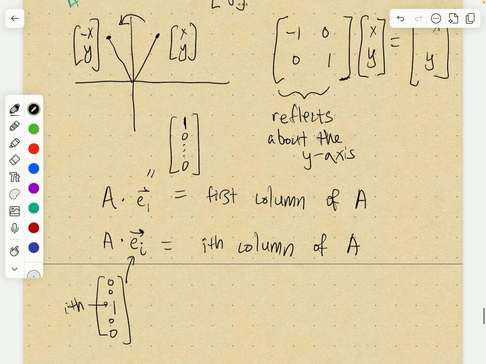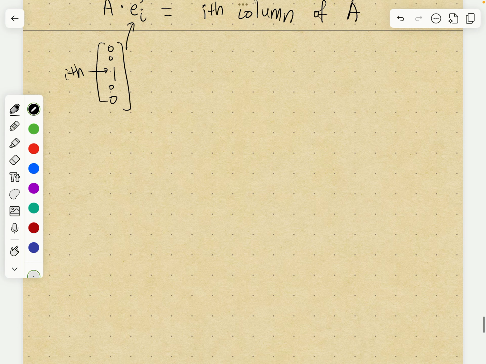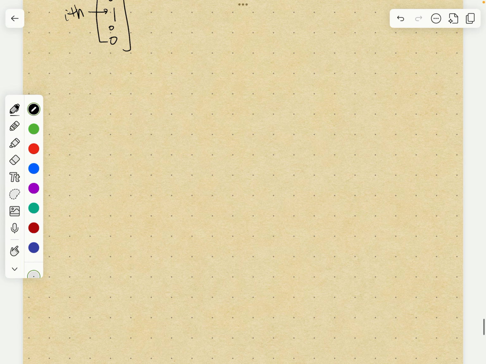So in general, you can understand the matrix transformation from the matrix just by seeing what happens to these vectors e1, e2, and so on. For instance, if I have this matrix A, which is 1, 3, 4, 5, the first column is (1, 3) and the second column is (4, 5). What does it do to the xy plane? Well, this matrix doesn't really have a pattern.